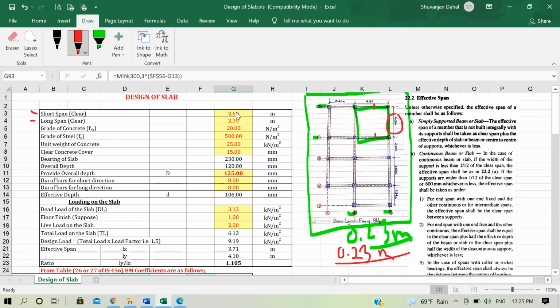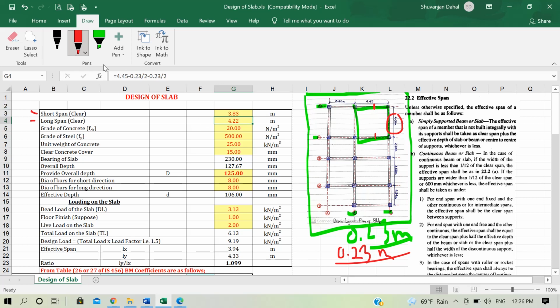So our formula will be 4.06 meter minus 0.23 by 2 on one side, and again minus 0.23 by 2 on the other side. You will get 3.83 meter. And similarly, in the longer span, 4.45 meter minus 0.23 by 2 on one side, and again 0.23 by 2 on another side. You will get 4.22 meter. So we found the clear span.